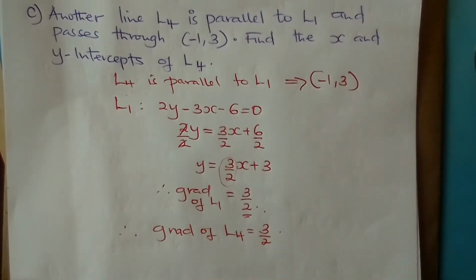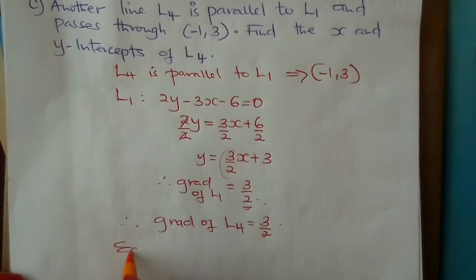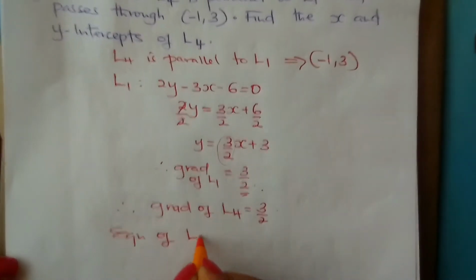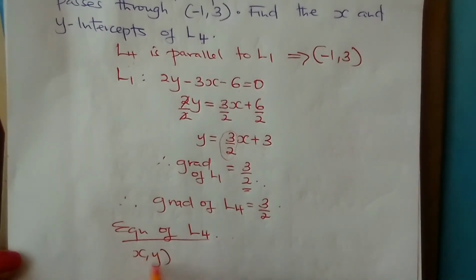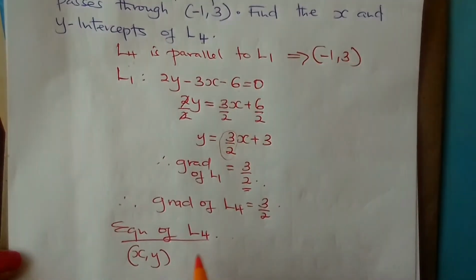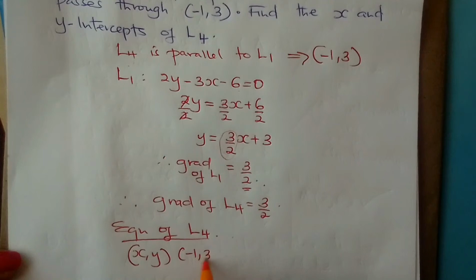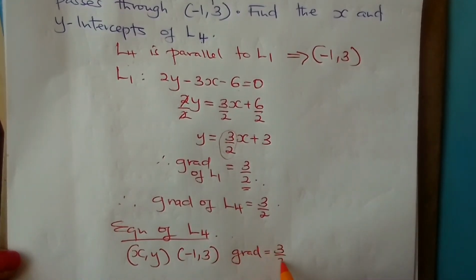So learner, from here we get the equation of L4. So the equation of line L4 is what? You pick a point (x, y). L4 passes through (-1, 3), and its gradient is 3/2.